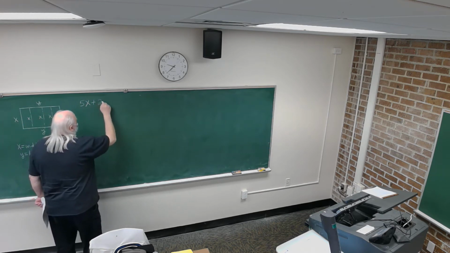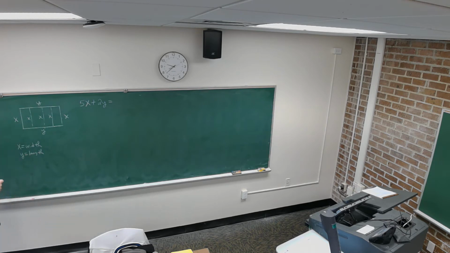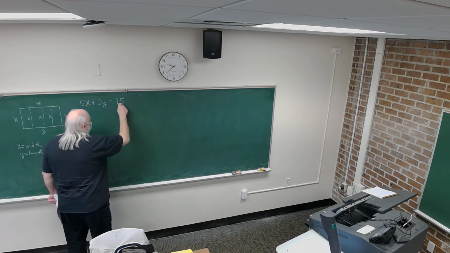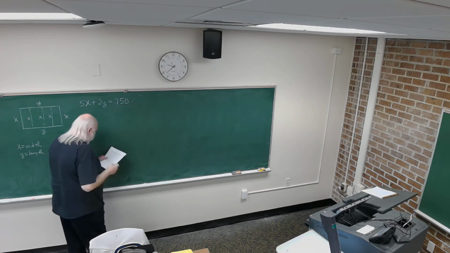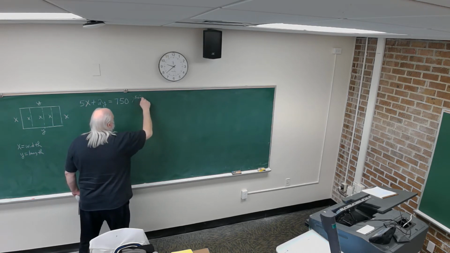So 2 times Y represents the total length of that fencing. Okay. And so these 5 sections of fencing X feet long and the 2 sections of fencing Y feet long have to sum to 750 feet, because that's all the fencing that we have. And so this is the fencing constraint.